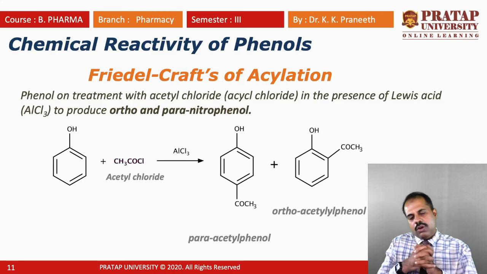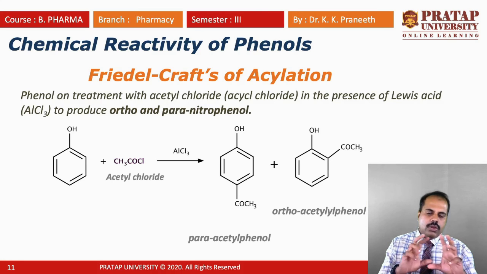If you attach an electron withdrawing group, acidity will increase and the pKa value will decrease. Remember, pKa decreases, acidity increases. With an electron donating group it is the opposite trend: pKa increases and acidity decreases. The reason is that the phenolate ion is stable in phenol having an electron withdrawing group. On the other hand, with an electron donating group, the phenolate ion is not stable.